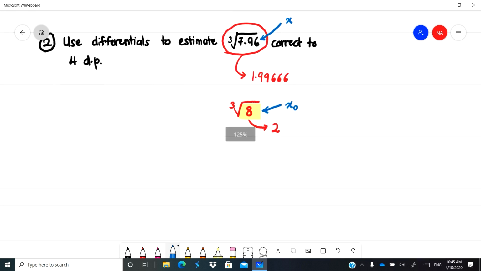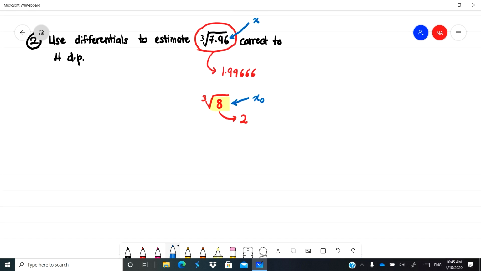The x is the one given in the function, which is 7.96, and the value nearest to 7.96 is 8, so x0 is actually 8.